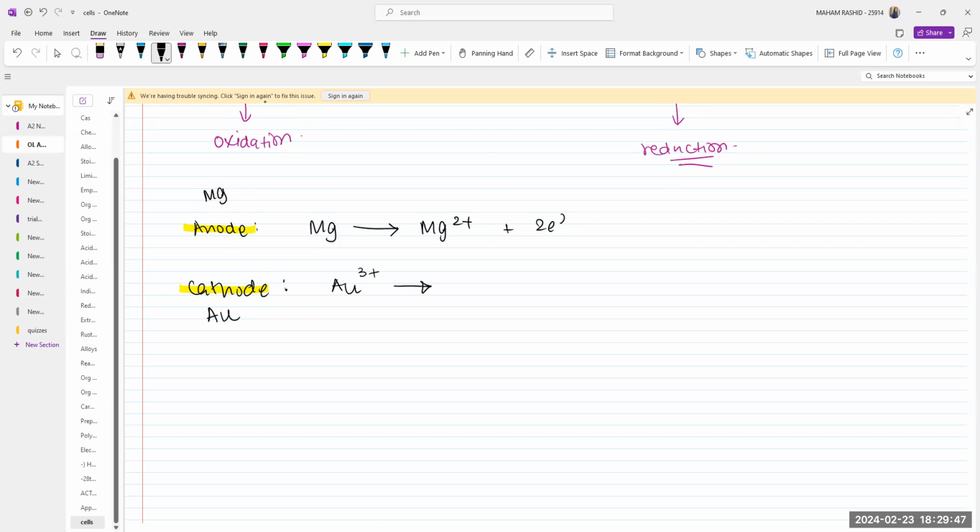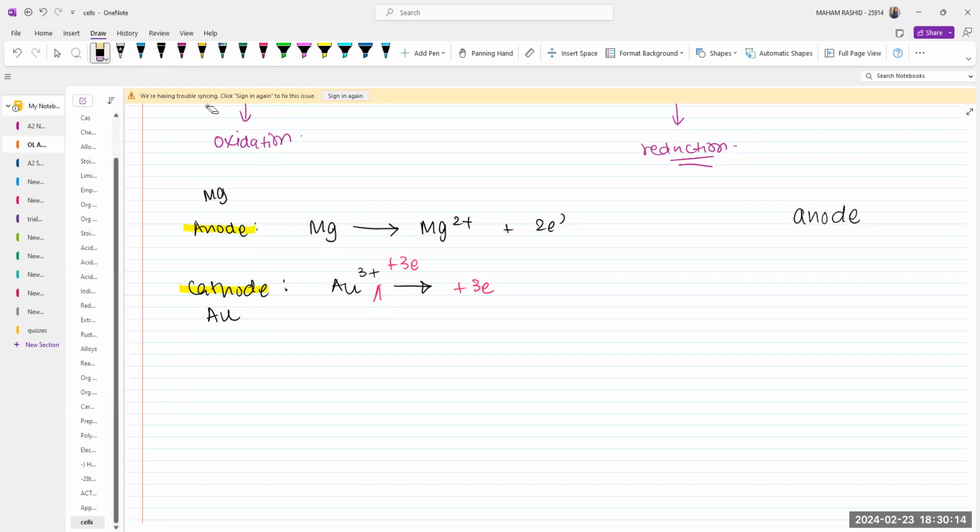Will the 3 electrons be before the arrow or after the arrow?